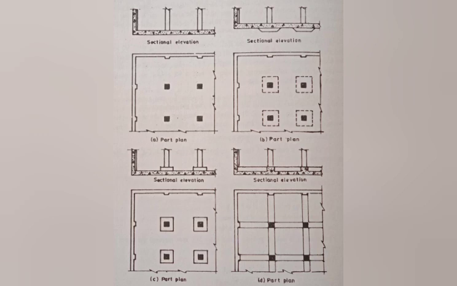These are the types of mat or raft foundation. It is a large combined footing that covers the entire area under a building. Raft foundation is considered suitable when the column spacing in a structure is small and uniform and the bearing capacity of soil is low.